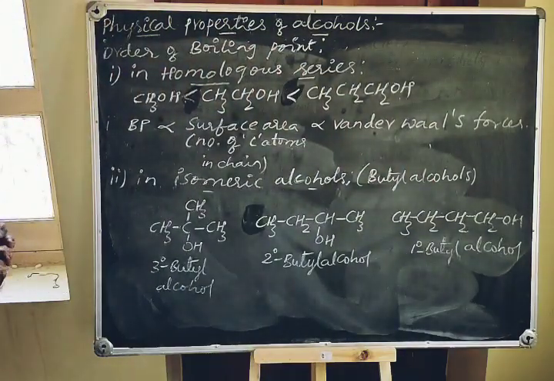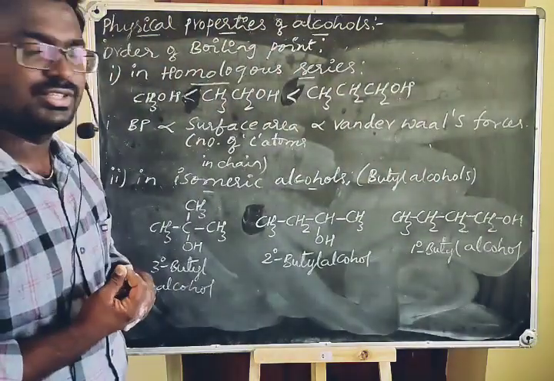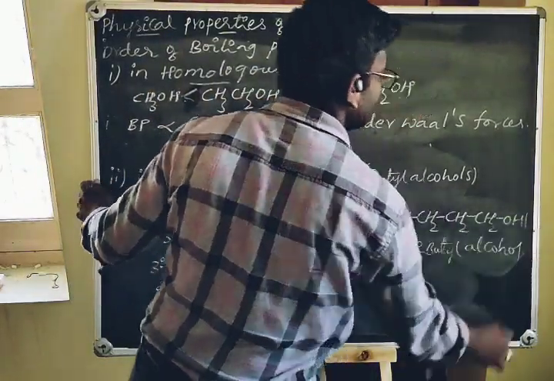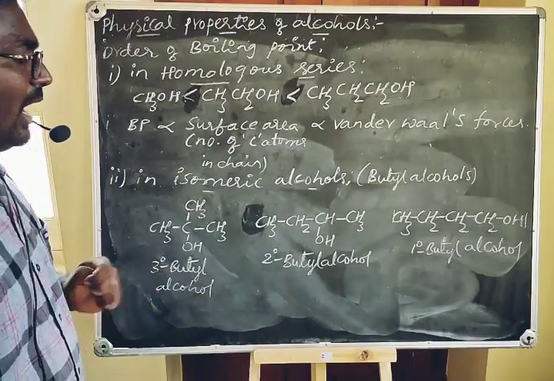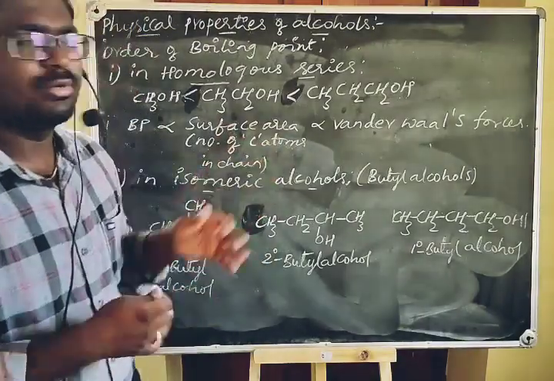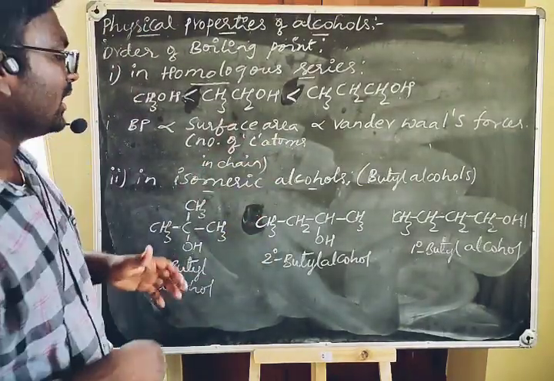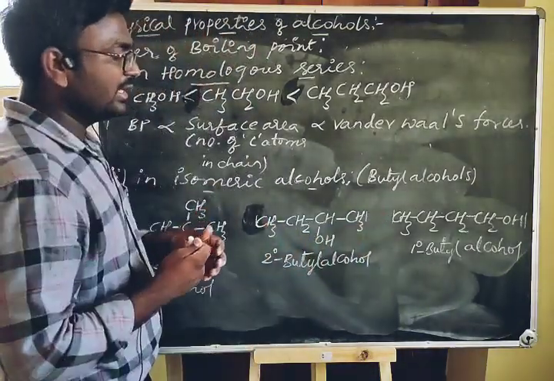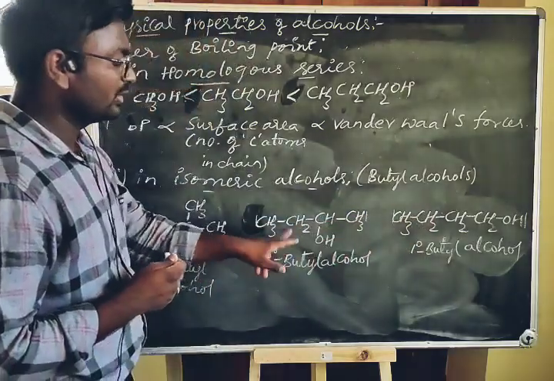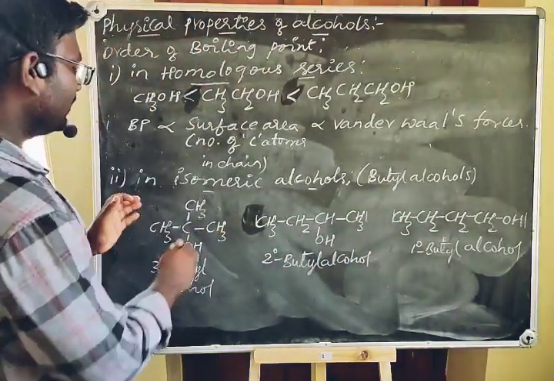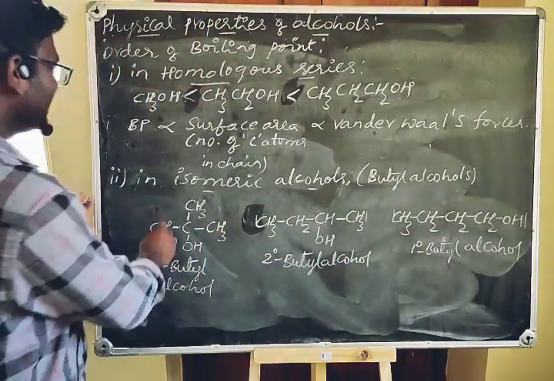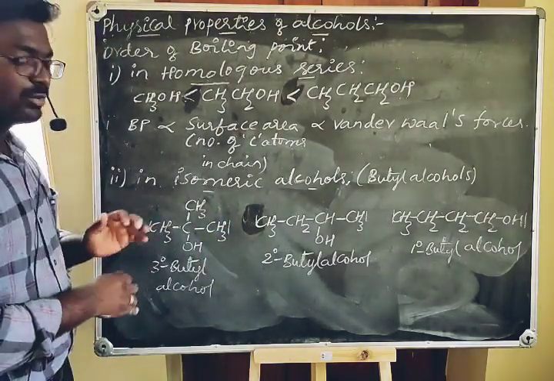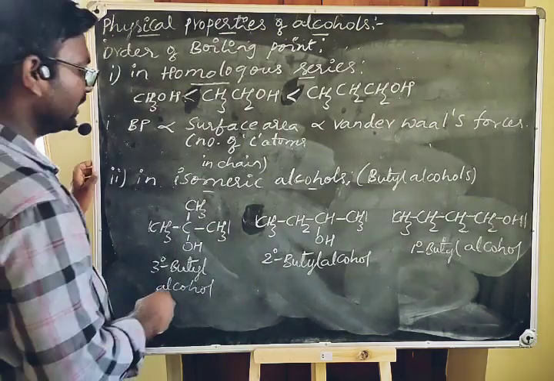Say here, which one has a large surface area? Undoubtedly, this one has the larger surface area, and it can have more van der Waals forces of attraction. This one has a somewhat smaller surface area compared to it, therefore it will have a lower boiling point. And this one has a still smaller surface area, so its boiling point will be very low.